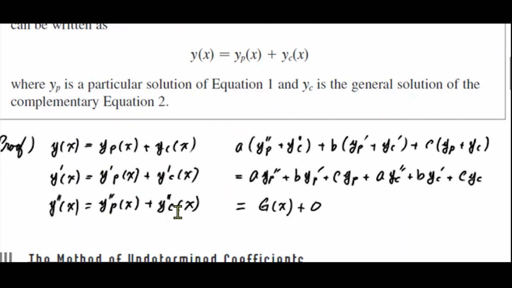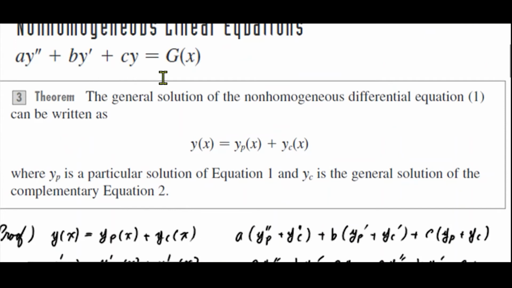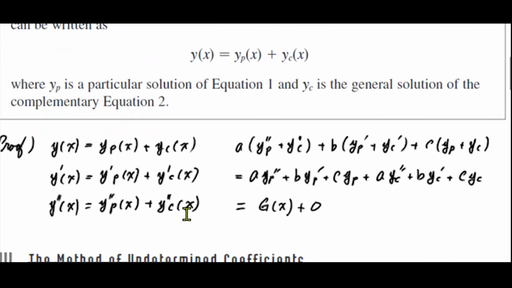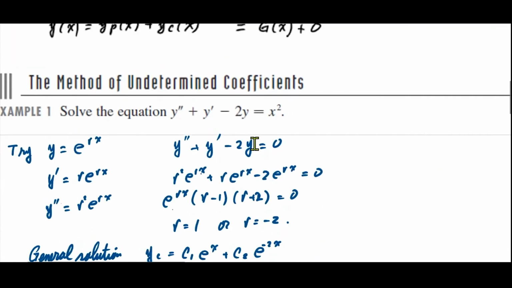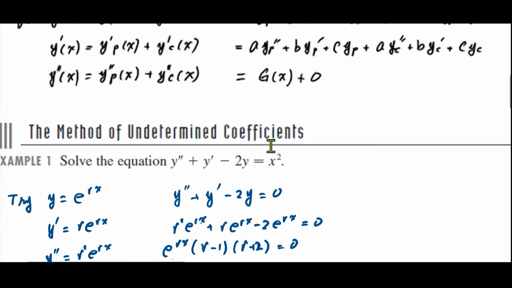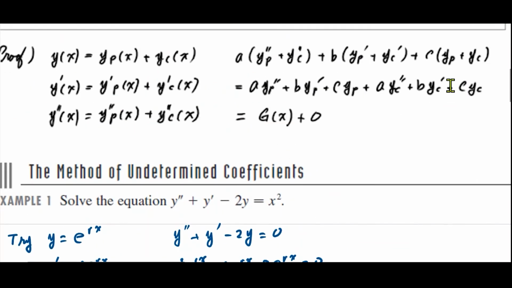We plug it into the differential equation, which is designed as second derivative, first derivative, and just the function. Now you collect like terms, particular solution and general solution ones. This part is designed to give you 0, because that's how we solved it, with a 0. So if you plug it in, this will give you 0.